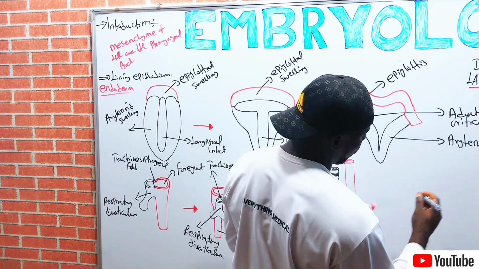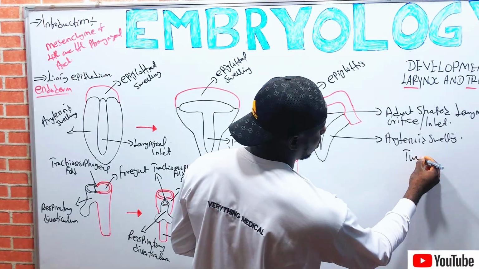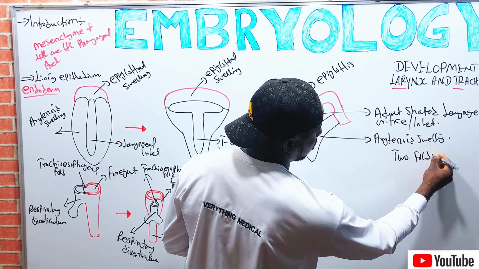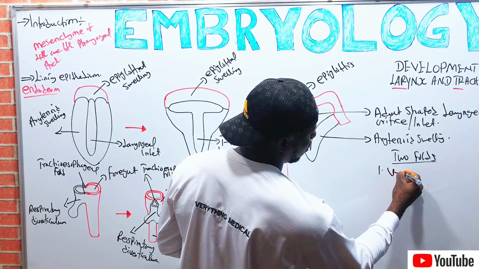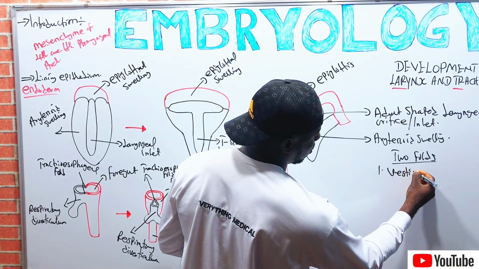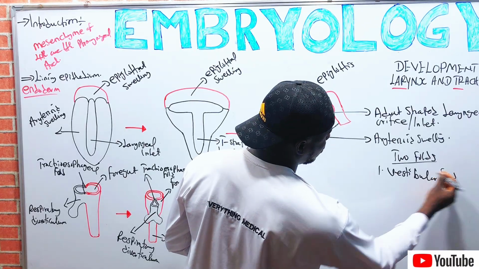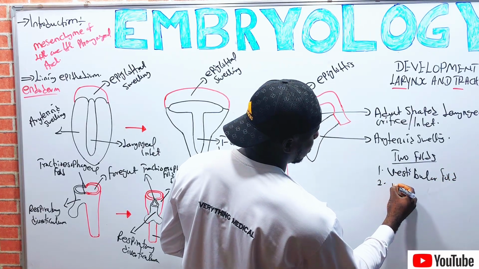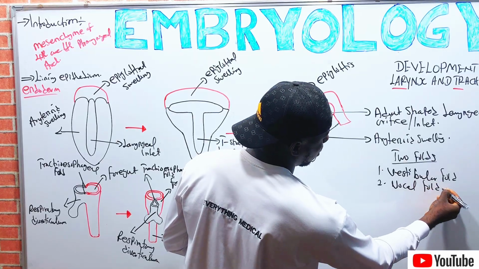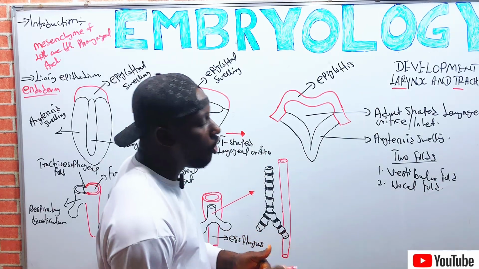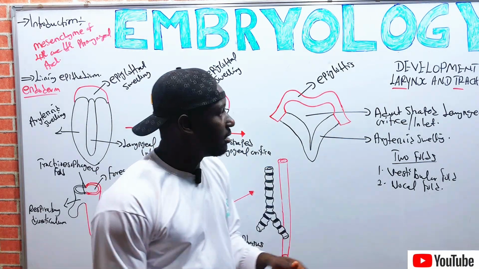We have two folds, the vestibular fold and the vocal fold. This was formed as a result of the recanalization of the larynx.